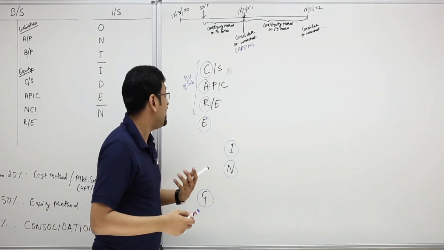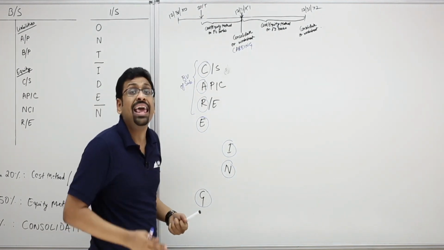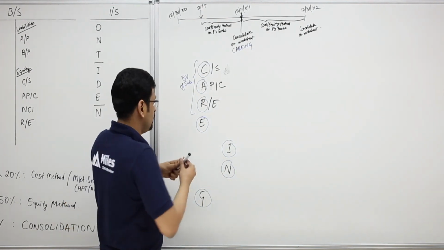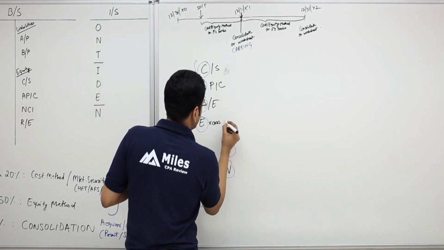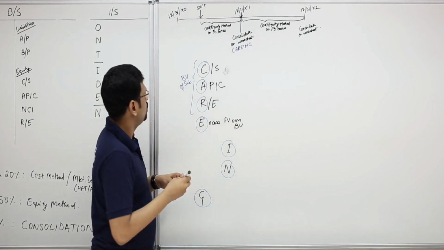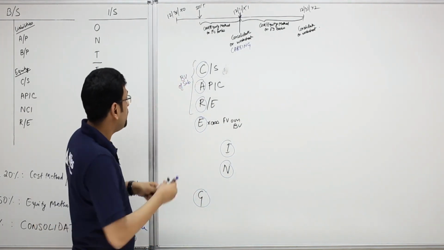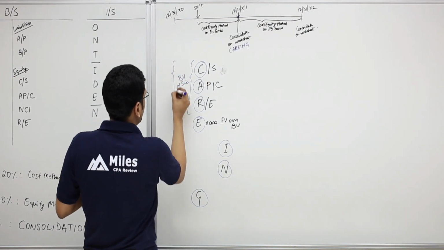Naturally the parent didn't buy the subsidiary at book value, they paid more than that. They paid some excess, so that's the E: excess fair value over book value. So you could say CAR plus E becomes the fair value.